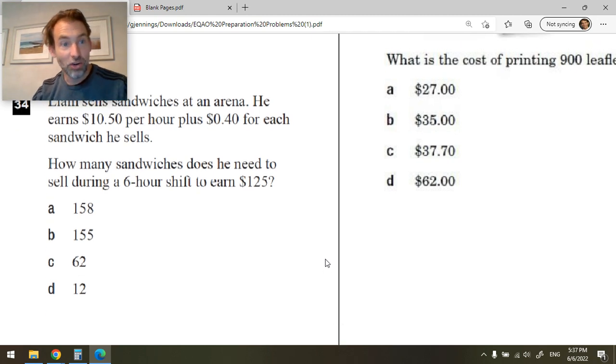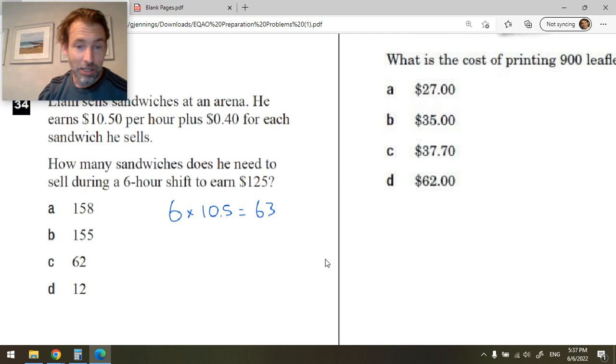Well, he earns $63 from his hourly rate. How do I know that? Because I happen to know that 6 times 10.5 equals 63. Check it with a calculator if you don't trust me. Okay, so then we would have this equation. Earnings, E, is equal to 0.4 times N, the number of sandwiches, plus $63.